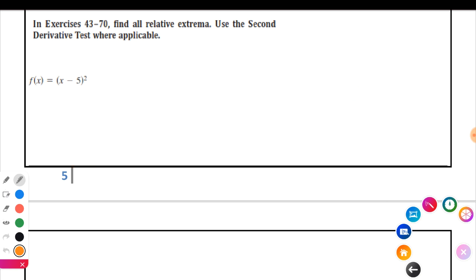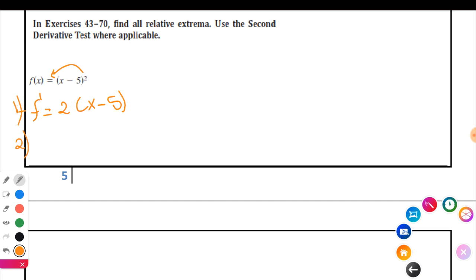Here, as you see, the first step, please focus. I have to find what? Trivial. Find the zeros of the first derivative. It will be the general power rule, 2(x minus 5) to the power 1. Then find the zero. The first step.